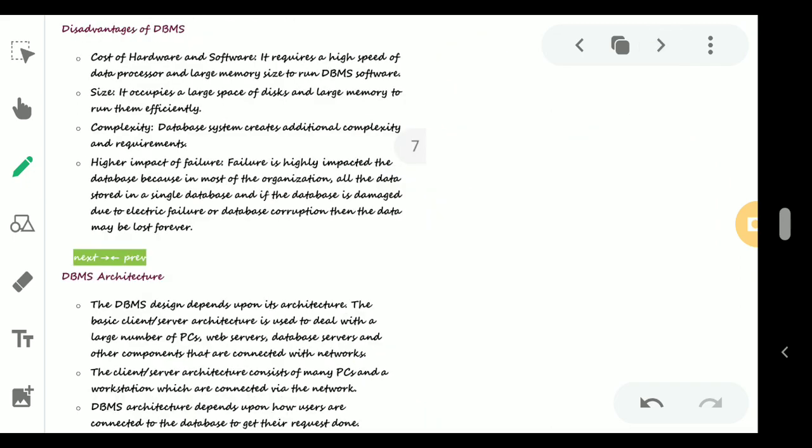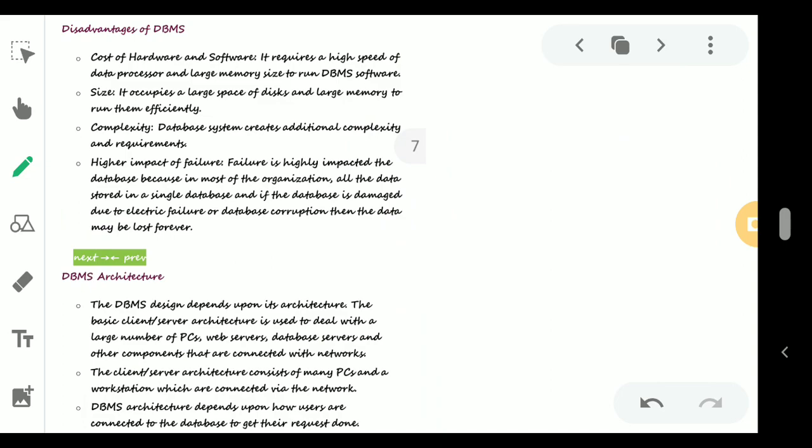Now we are moving forward to the disadvantages part. The first disadvantage is the concurrency problem. A DBMS package is not designed for multiple users, so problems can arise when more than one user wants to access a particular record simultaneously. The problem of simultaneously accessing the same record in the database is known as the concurrency problem.